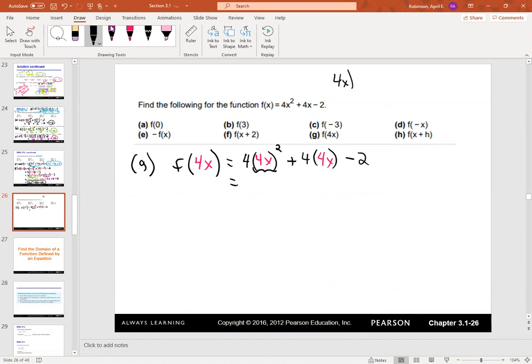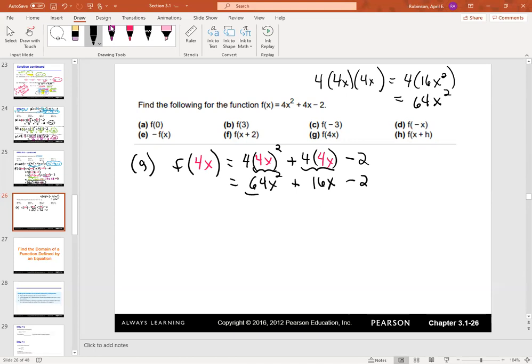Well, a 4x times another 4x, and then times that 4 in front of it. 4x times 4x is a 16x squared, and then when you take 16 times 4, it's 64x squared. And then 4 times 4x is just 16x, and then minus 2. And none of these are like terms, so you're going to leave it just like that.